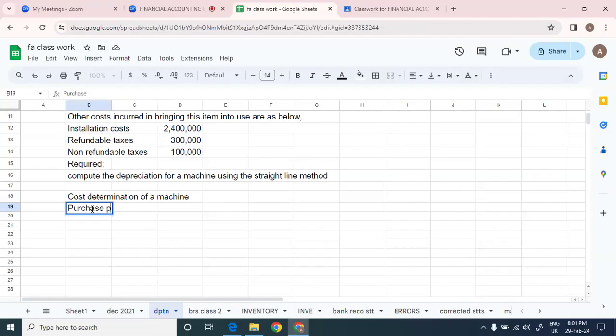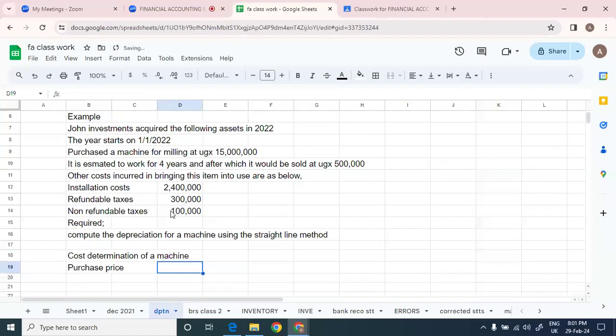We start with the purchase price. How much is our purchase price? 15 million.